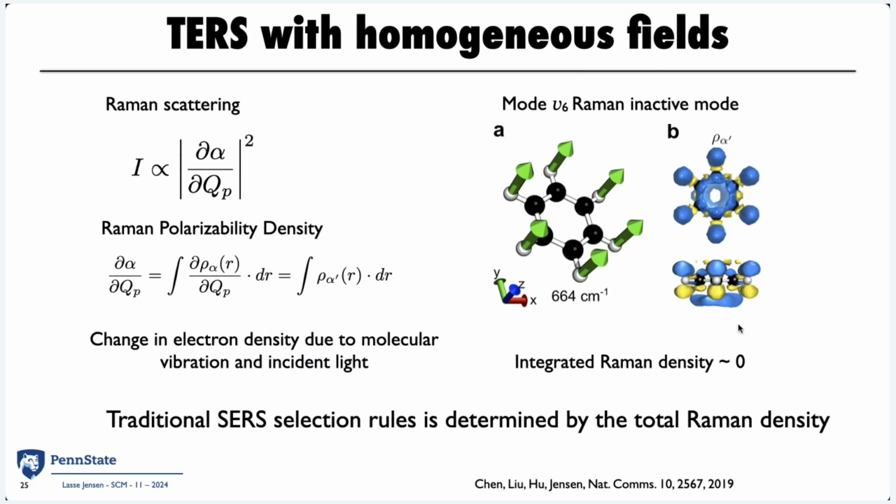The Raman scattering is then the integral of this density over all space. There's roughly an equal amount of blue and yellow, and hence you will see that the Raman cancels. There's a little bit of additional blue here because the molecule is on the surface, and a little bit of the density has been changed due to the surface. You get a Raman intensity that's near 0 due to this cancellation.